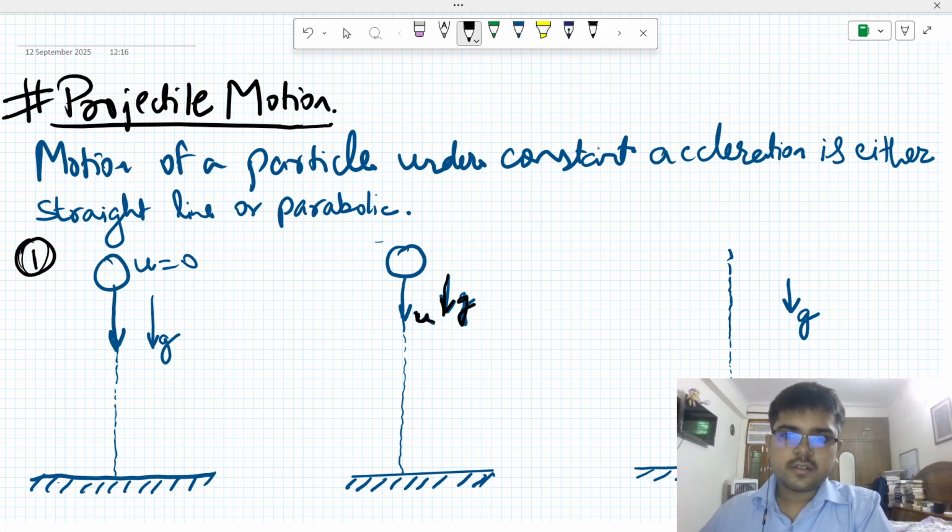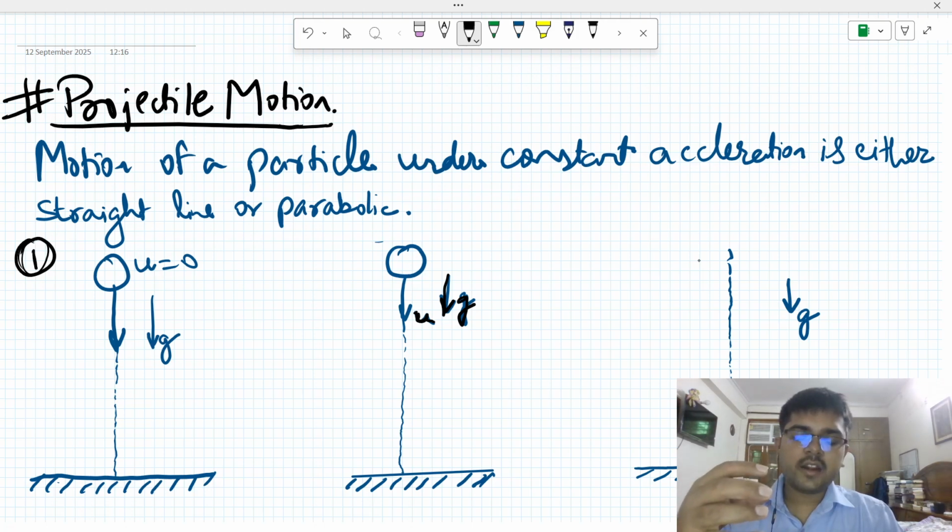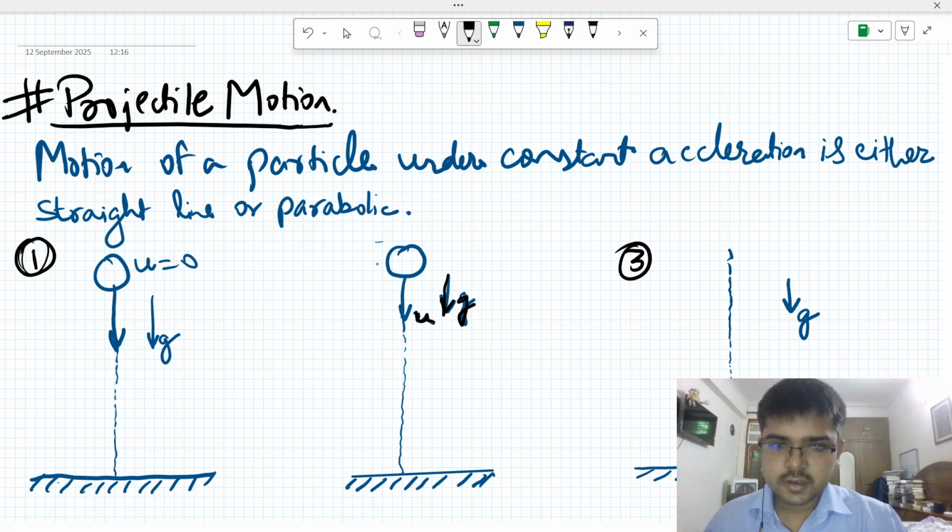Then we have the third case, that is initial velocity of the particle is in the opposite direction of constant acceleration. Suppose we are dribbling a basketball, then when the basketball is going from the ground towards our hand, that's the third case.